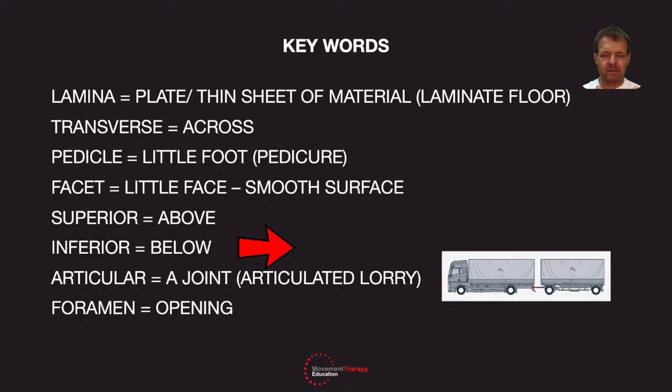They're surrounded by a synovial capsule, which has synovial fluid in it to help maintain the lubrication in the joint. Superior means above, so you can have a superior facet, a facet that is above. Inferior means below, and that is a below facet.